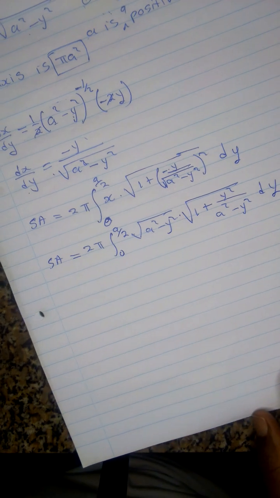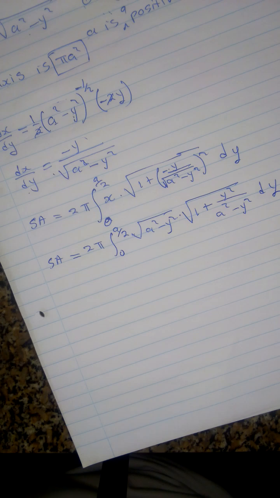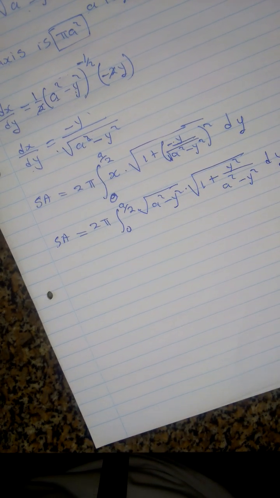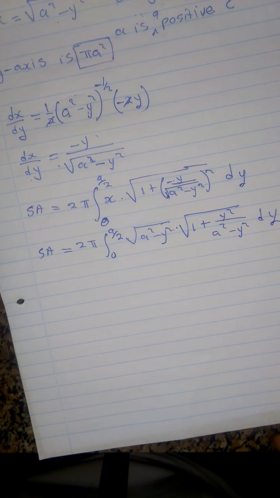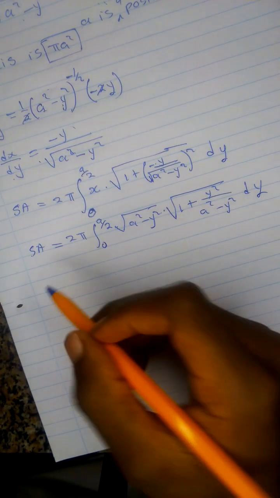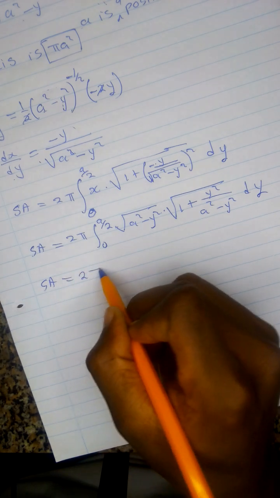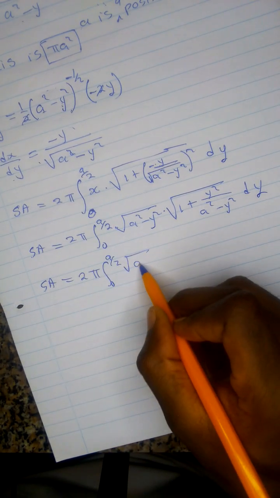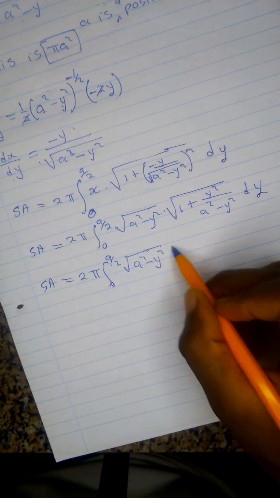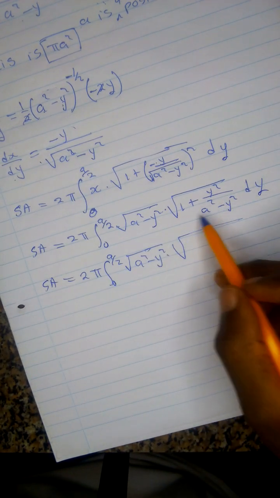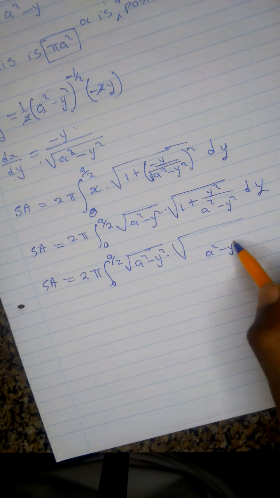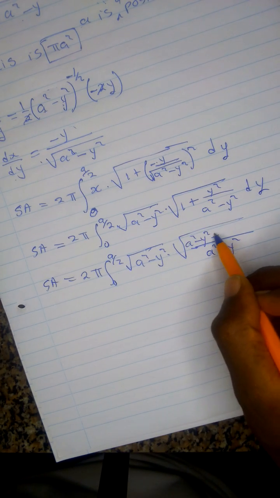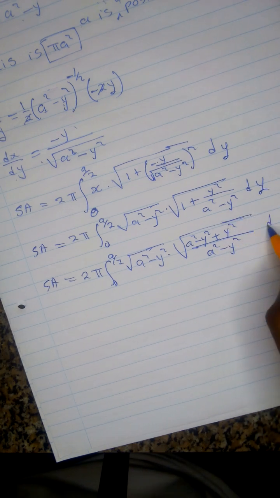We will have something like this. Now let us carry on. The surface area is 2 pi from 0 to a over 2, the square root of a squared minus y squared. Let us solve this inside part. The denominator is going to be that, and the numerator is a squared minus y squared plus y squared, dy.